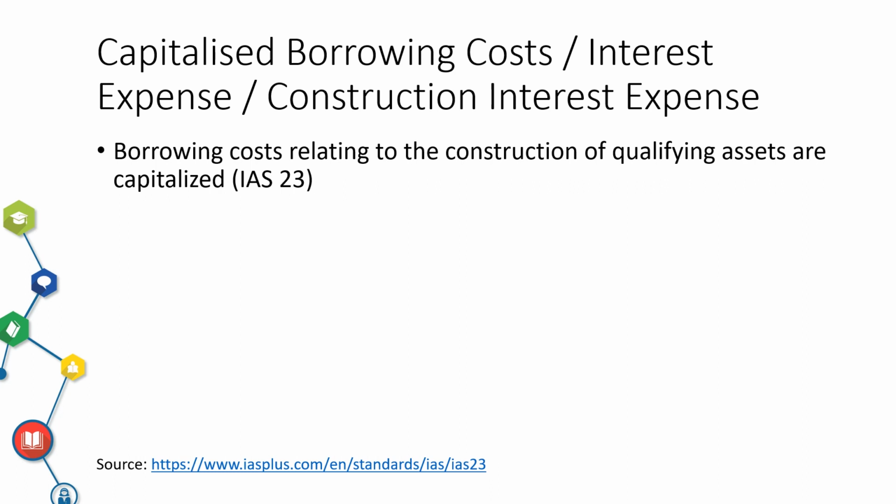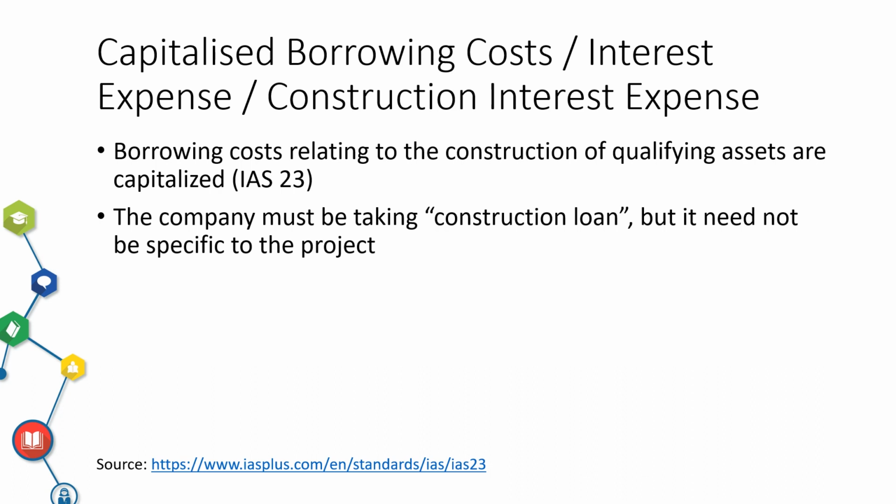For example, a company takes a construction loan to construct its new corporate headquarters. The borrowed funds need not be related to specific projects, but they tie to the qualifying long-term asset.